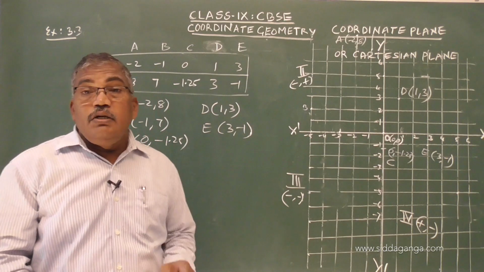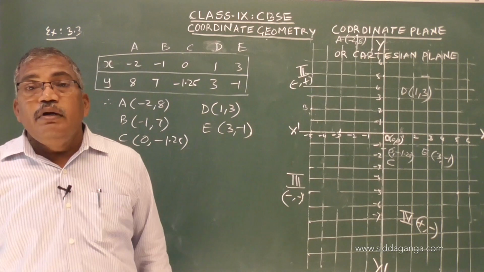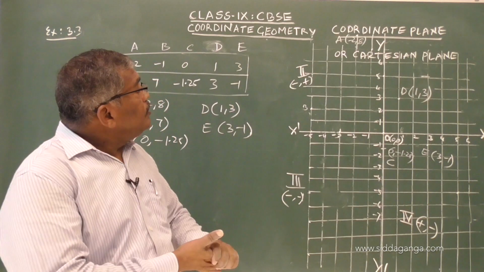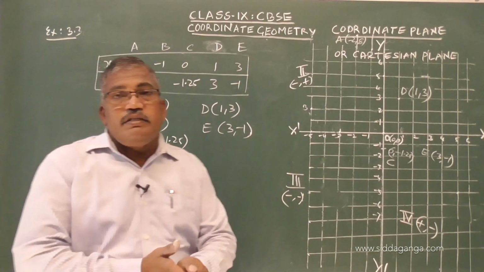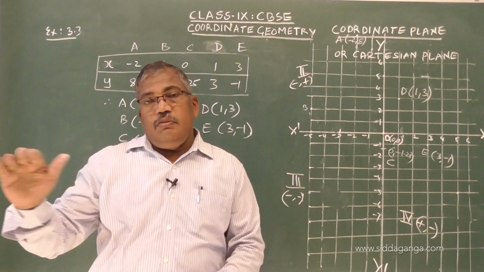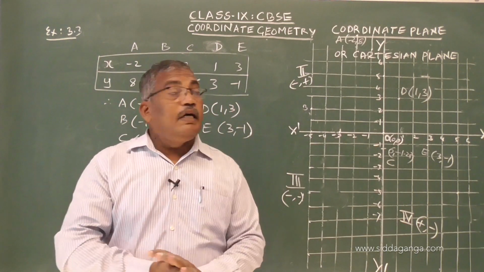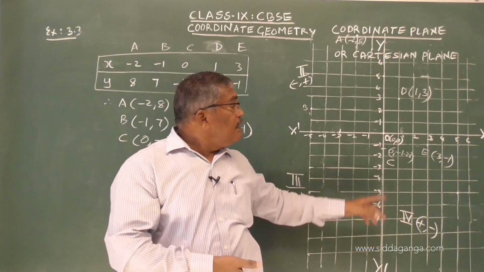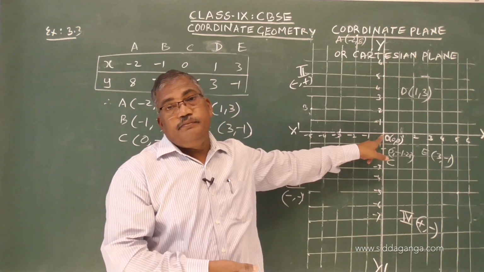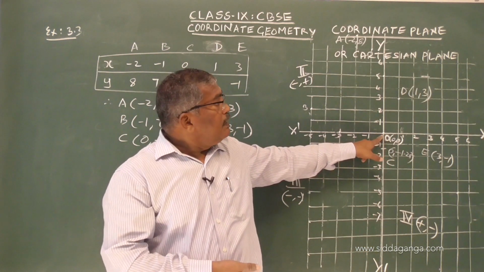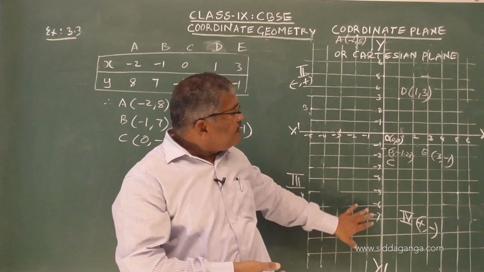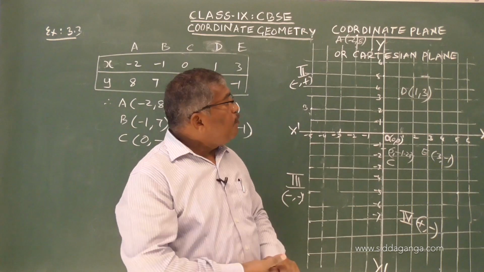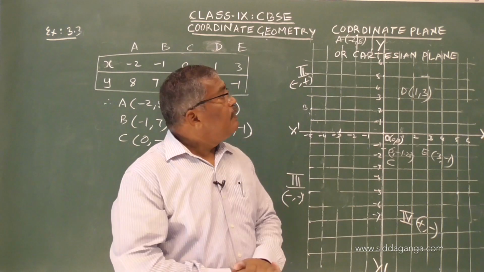I hope you understood this topic. Coordinate geometry is a new introduction to you, so remember these things. Two lines, horizontal and vertical, are drawn. They are called the axes. They intersect at one point. The point is known as the origin. These two lines divide the entire plane into 4 parts, known as the quadrants.